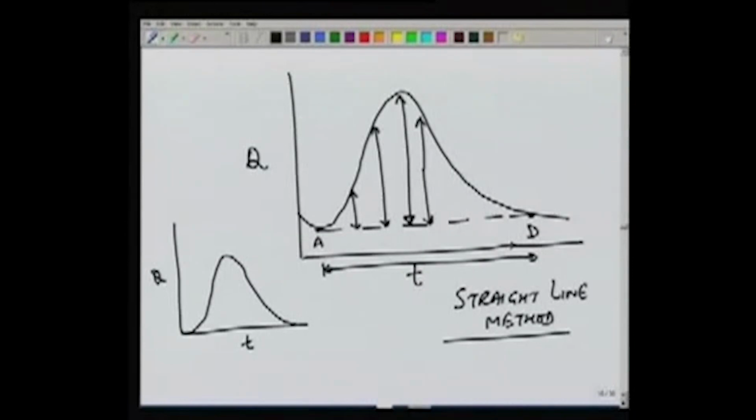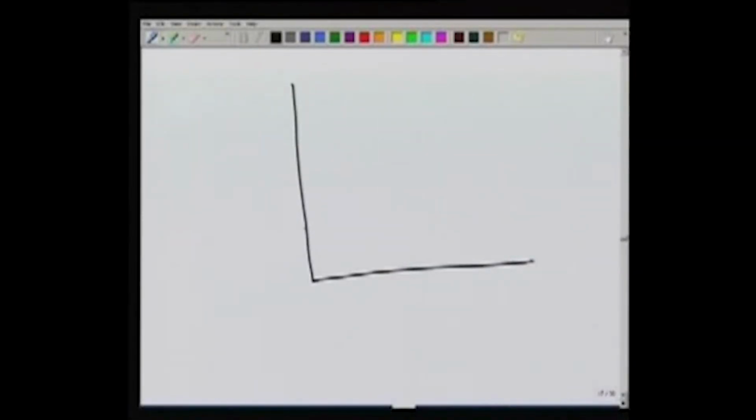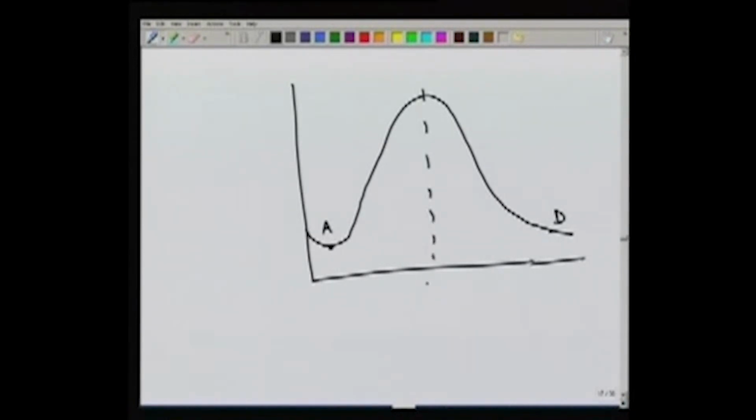One of the methods which has been used is extending the curve on the rising limb or before the rising limb. So if we have this point A and D, and this is the time of the peak. Let's call this Tp.